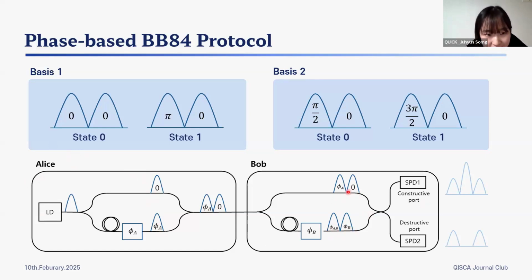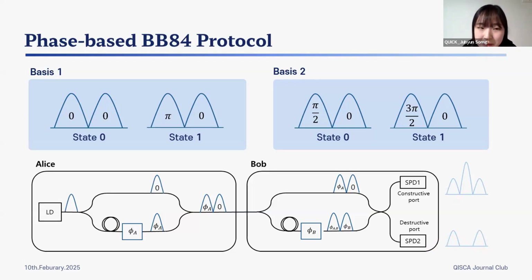If these two pulses meet at the constructive port, they will reinforce each other, having a big pulse in the middle. But if it goes to the destructive port, they will cancel out each other and have nothing in the middle. So that's how we can know which bits are sent.